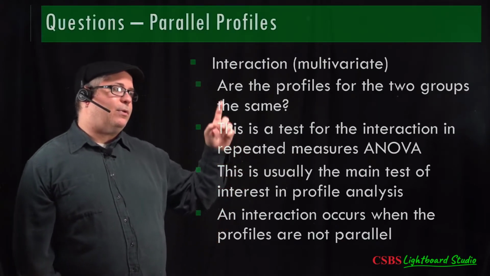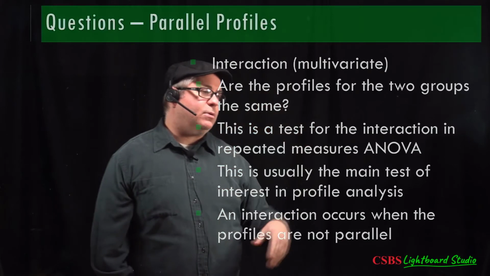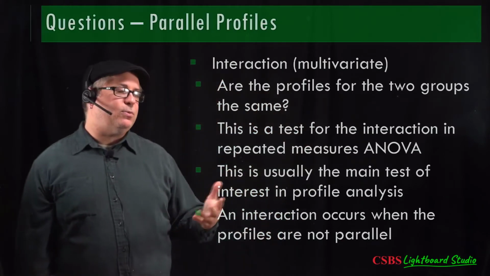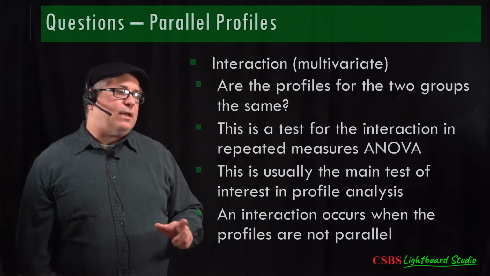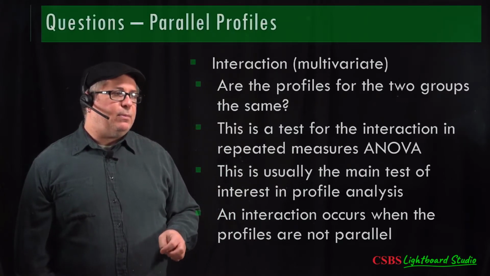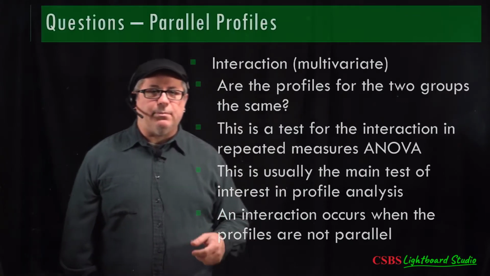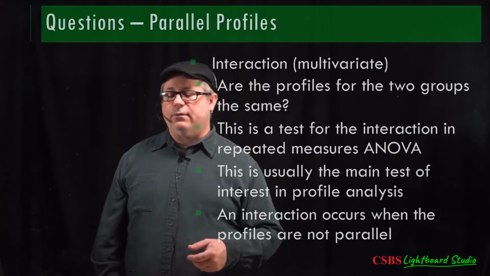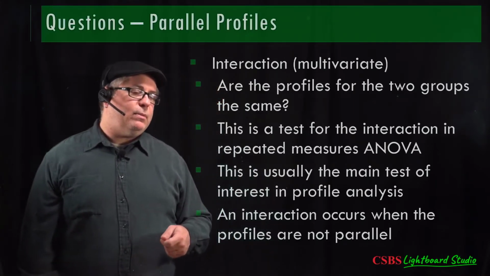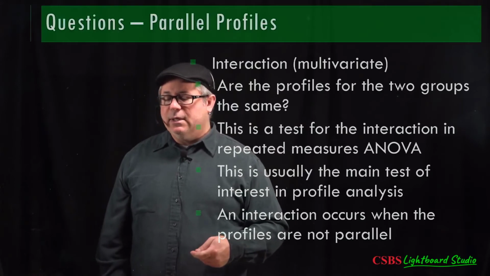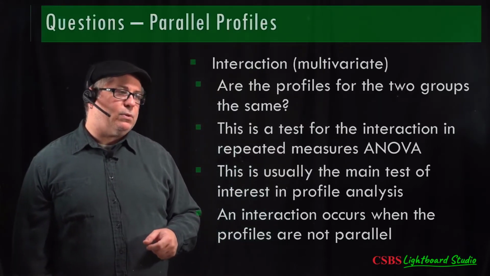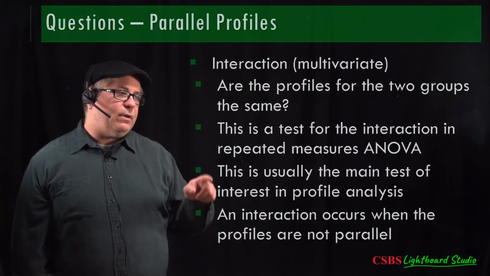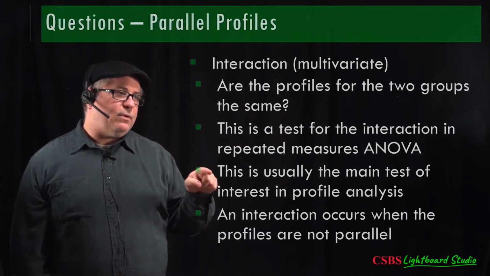Are the profiles for each of the 2, 3, 4, 10 groups, whatever you have, roughly the same? This is a test for the interaction in a repeated measures ANOVA, right? It's basically testing for the interaction. It's just now we're going to do that multivariately, and it can be done on the segments instead of on the actual DV scores.